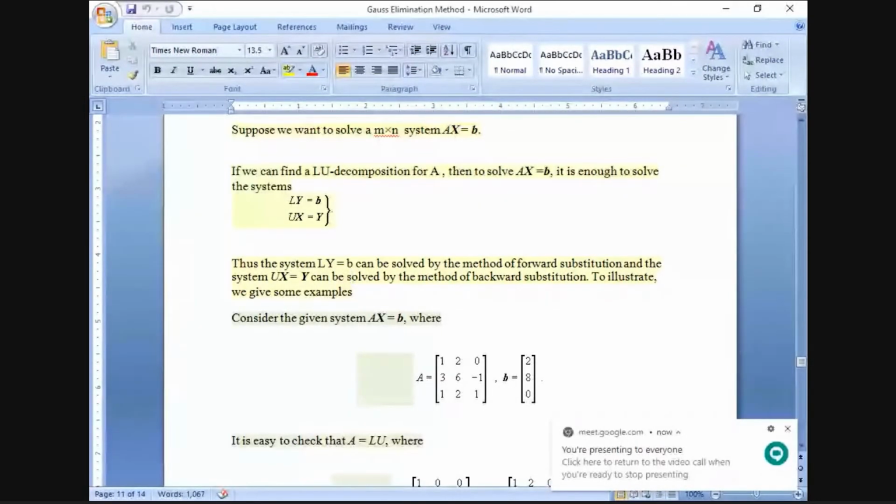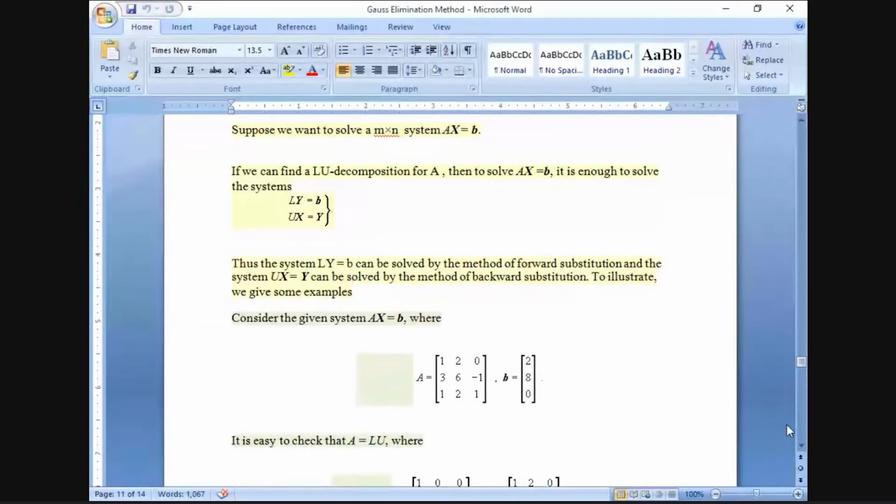Over here, one example is there. Just try to calculate it. One matrix is given to you, which is a 3 cross 3 matrix A, and the second is a one-dimensional matrix which contains the values 2, 8, and 0.